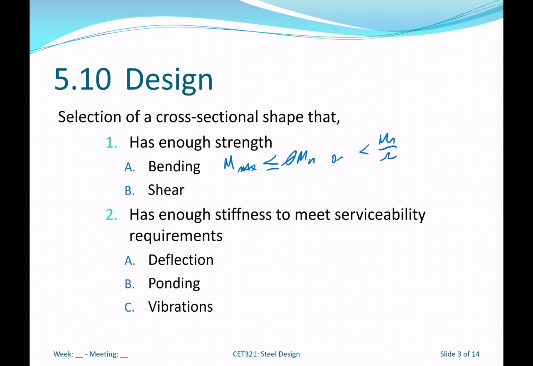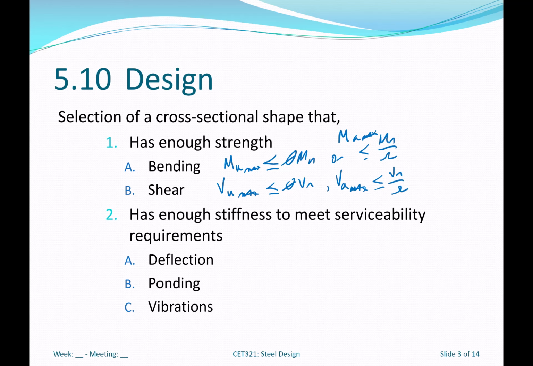M max for LRFD would be Mu max, and M max for ASD would be Ma max. Again, that comes from your moment diagram. Same with shear. Vu max has to be less than or equal to phi Vn, or Va max has to be less than or equal to Vn over omega.